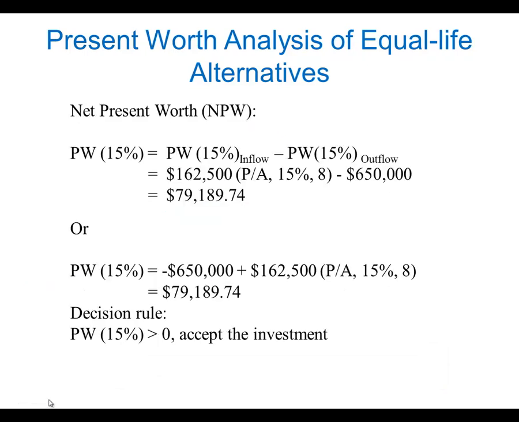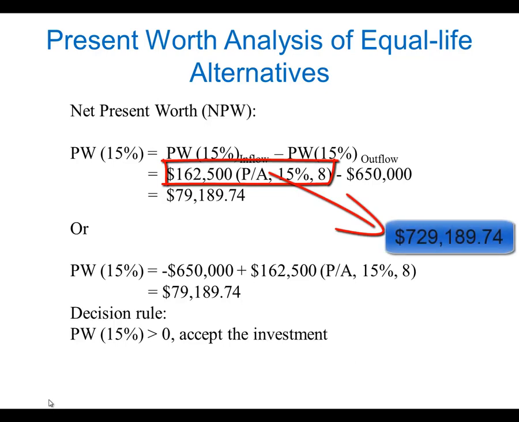With a 15% interest rate and N equal to 8 periods, we multiply the 162,500 by the present worth factor, which will result in $729,189.74.